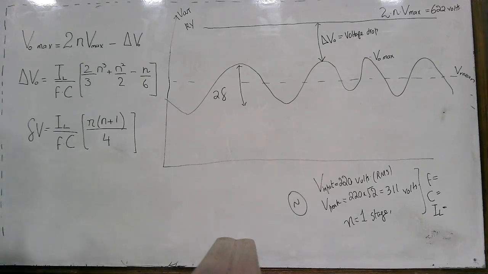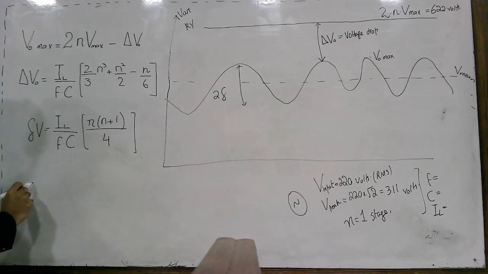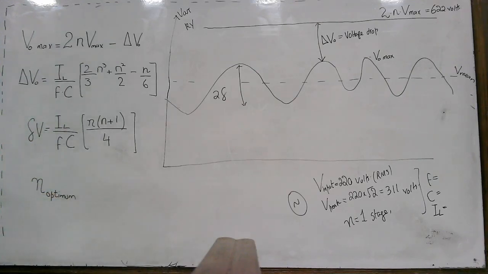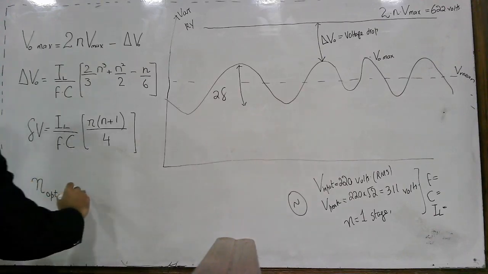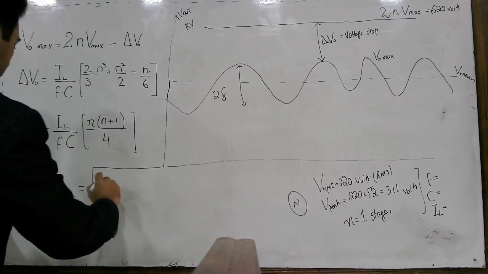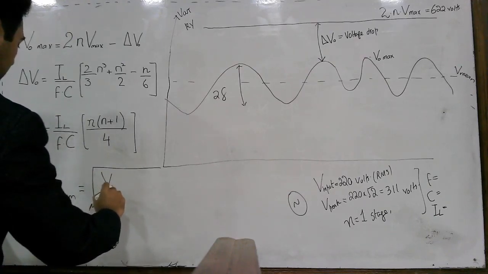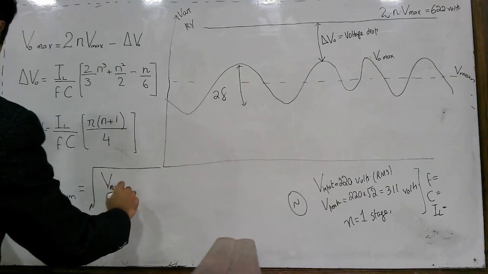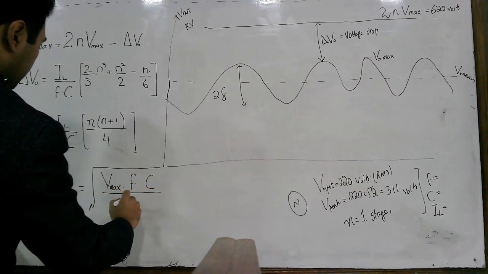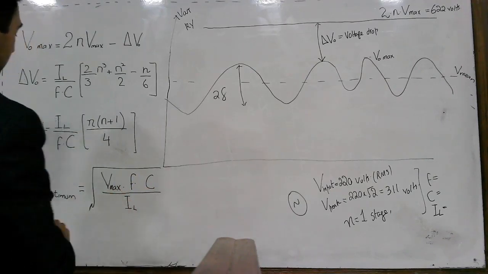Now, other important equations are like these. N optimum. What is meant by N optimum we will discuss when we discuss the practical example. N optimum is equal to the square root of V maximum multiplied by the frequency multiplied by the capacitance divided by the load current.